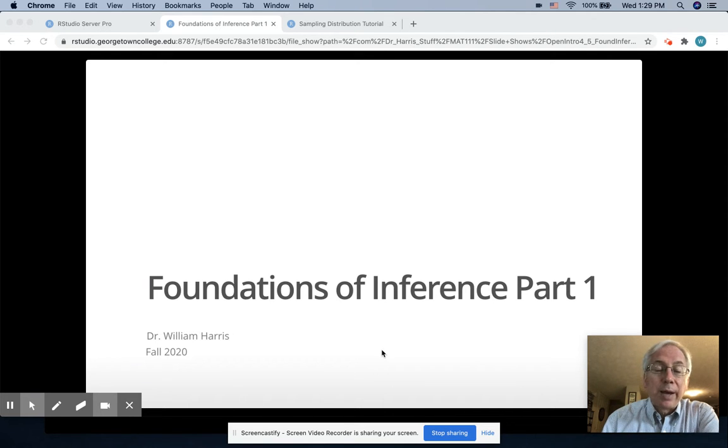Chapters 5, 6, and 7 are going to form the heart of our course, and it's an area we're calling inferential statistics. Here in chapter 5, we're dealing with what we might call the foundations of inference. We're going to introduce our two primary inferential techniques, and we'll look at a few examples. So let's get that ride started.